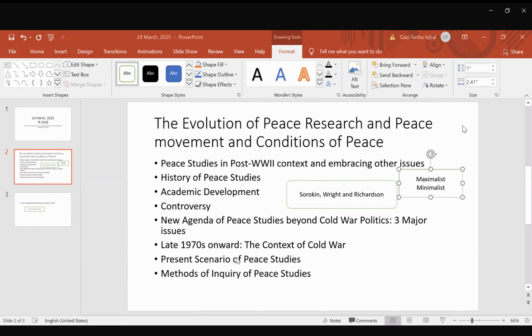It is trying to go beyond this Eurocentric understanding and include all different cultures and political contexts, trying to establish a global outlook.